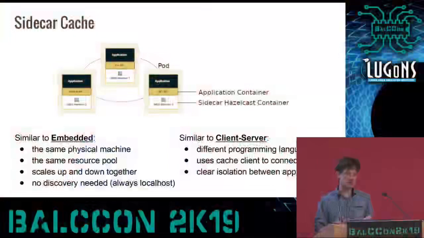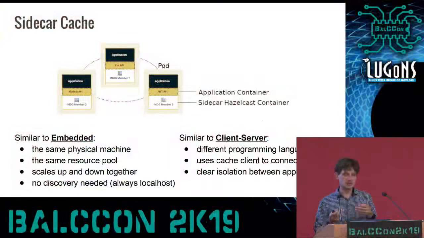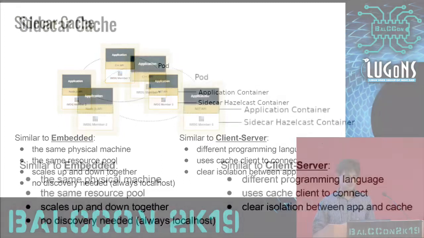And all these cache containers in all pods, they all form one cache cluster. So sidecar can be seen as something in between embedded mode and the client-server mode. It's like embedded because it's the same physical machine. It uses the same resource pool together with the application, and it scales up and down together with the application.